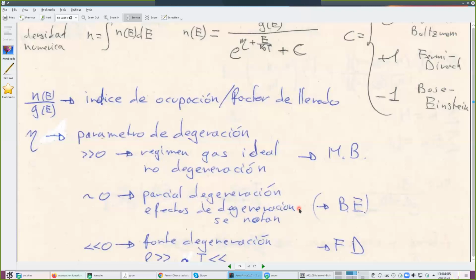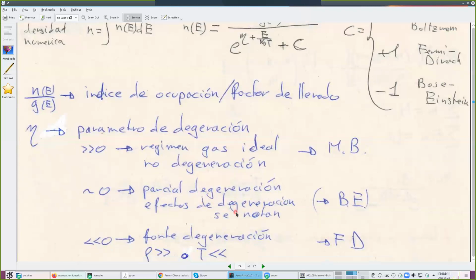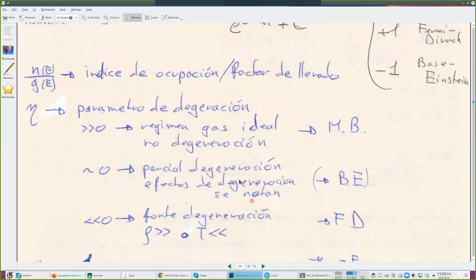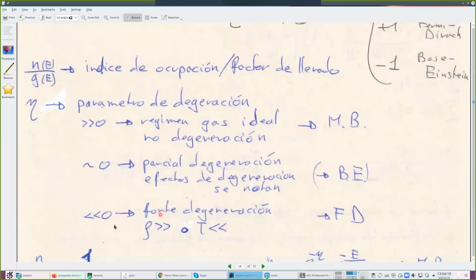But it's not our interest because we cannot have this kind of state of matter in the stars. This is usually interesting more for the behavior of photons in thermodynamic equilibrium, because we get the Planck law.